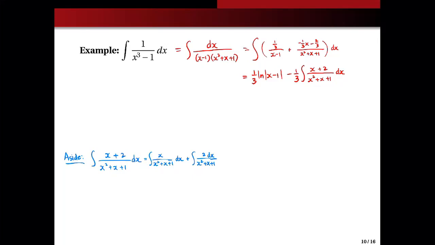For this part here, I'll do some trick. Notice that if we let u be equal to x squared plus x plus 1, du will be (2x plus 1) dx.